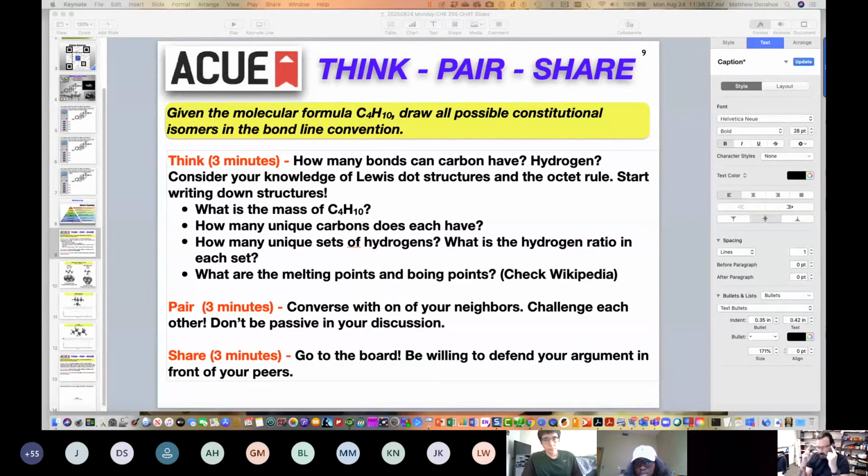So notice what we just did is a thought experiment, even though we wrote some stuff on paper. We proposed two constitutional isomers. We differentiated them according to their name. Now, even though they each have two unique types of carbon, we've differentiated them by how those carbons are classified. So for butane, how many unique types of hydrogen does butane have?